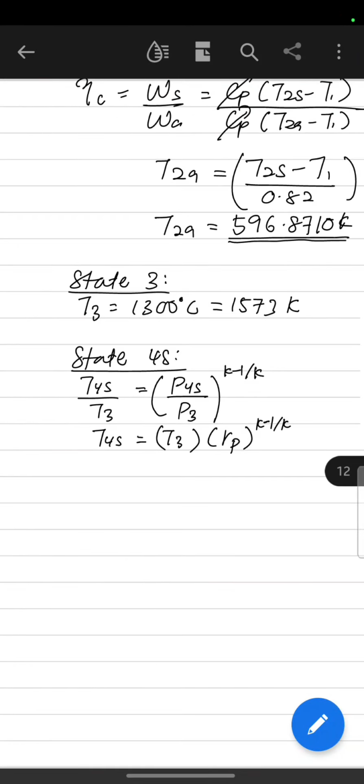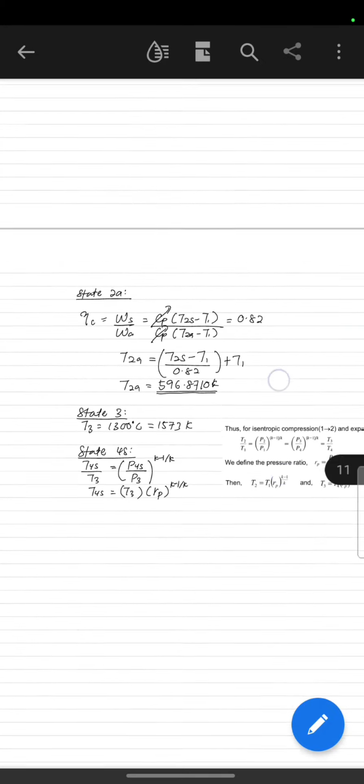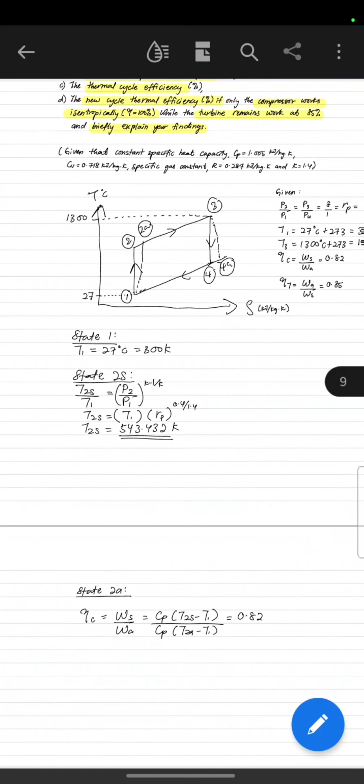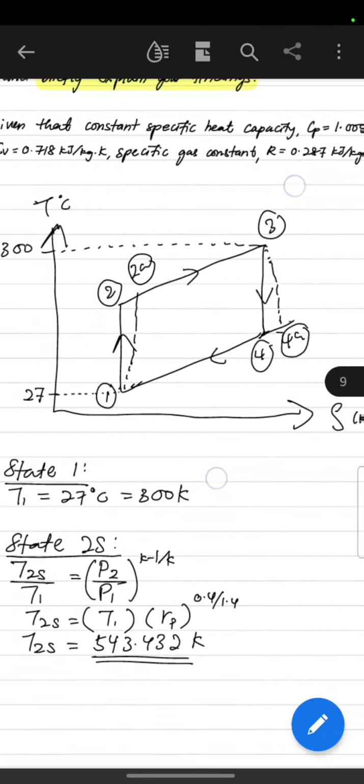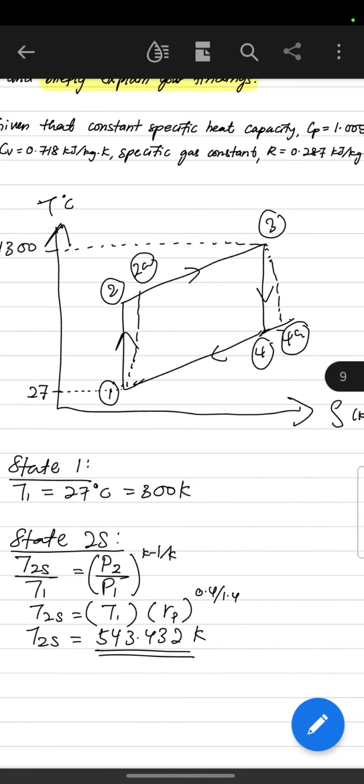Alright, so next, if we have a look at your sequence over here, we already obtained T1, which is given, T2S is already found, and T2A we have also calculated. And what about your T3? T3 is also given over here.